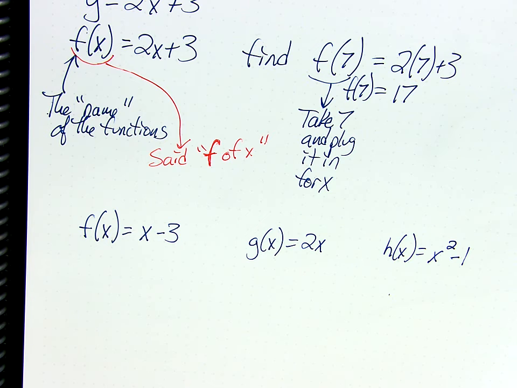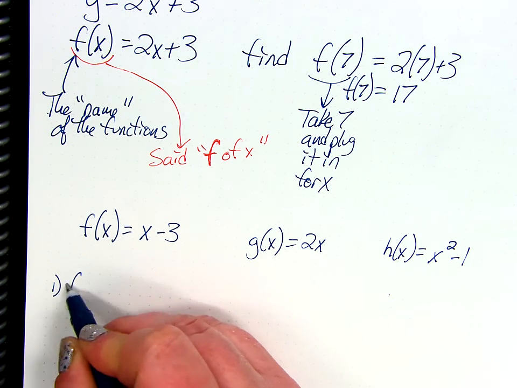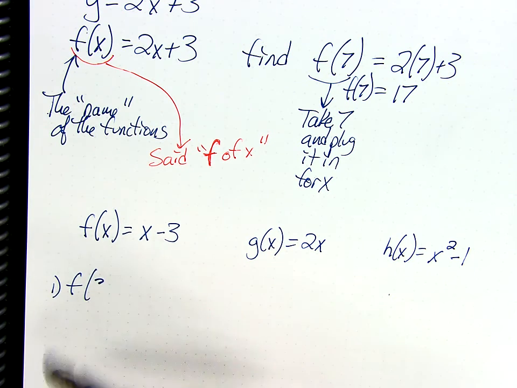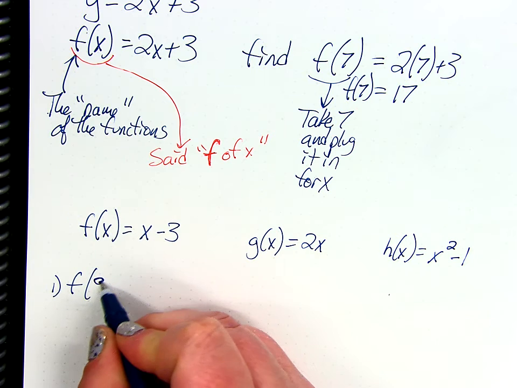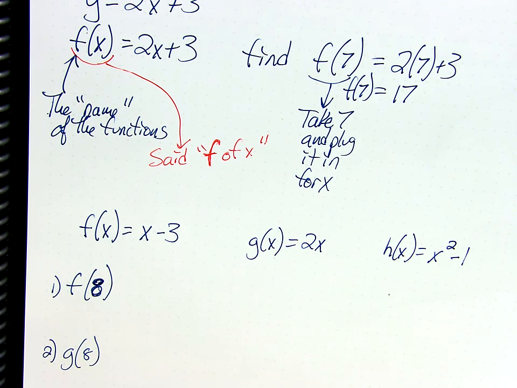Okay, now watch this. Let's say I gave you some problems to do. Let's say I wanted you to do f of 8, and then g of 8, and then h of 8.